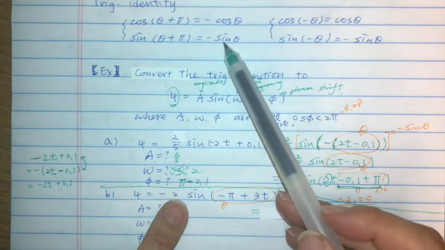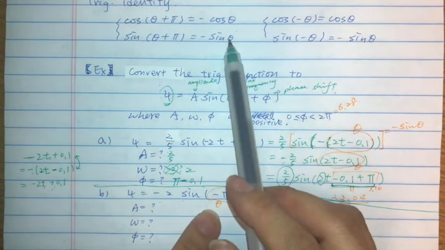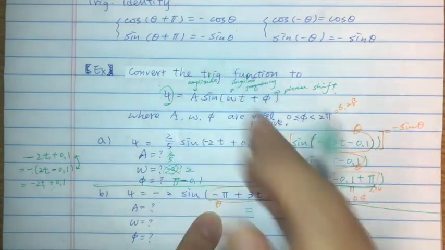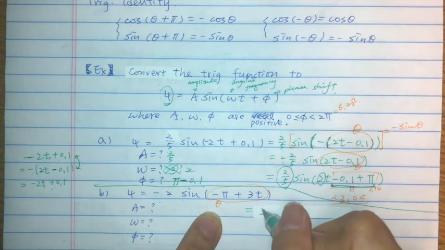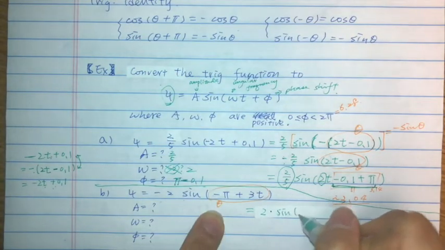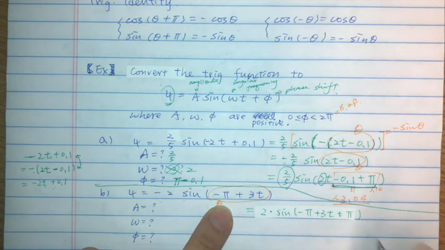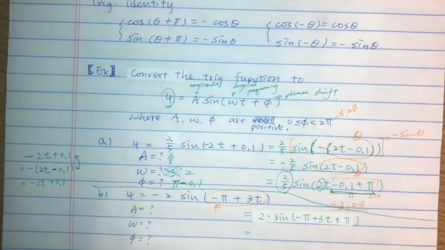So negative sine theta, where this whole thing in the bracket is theta. If I apply this trig identity here, I'll end up getting 2 sine theta plus pi. Okay?